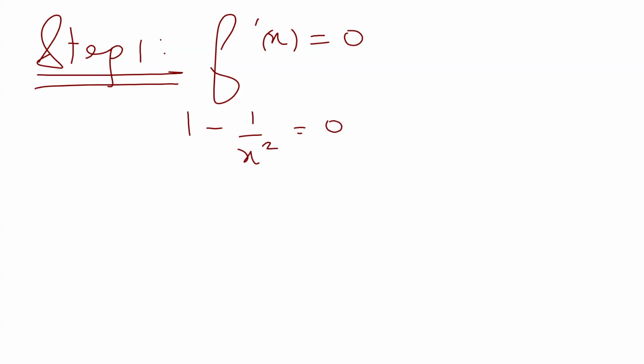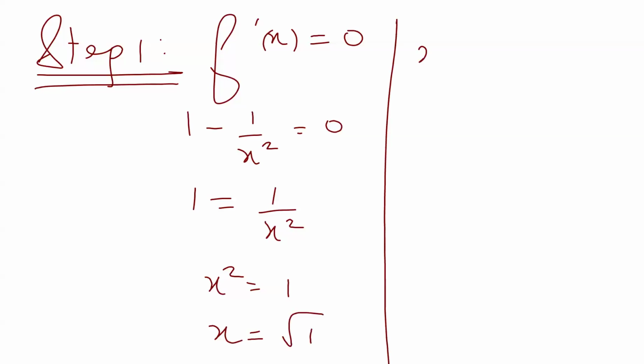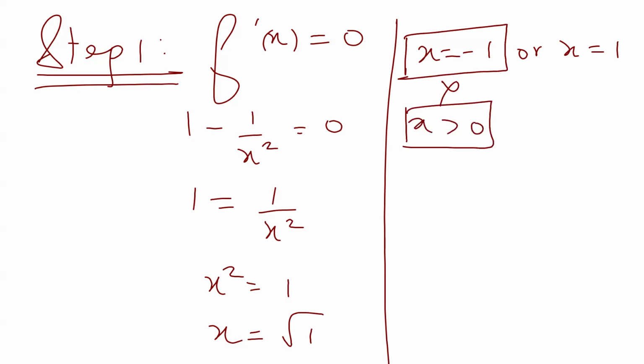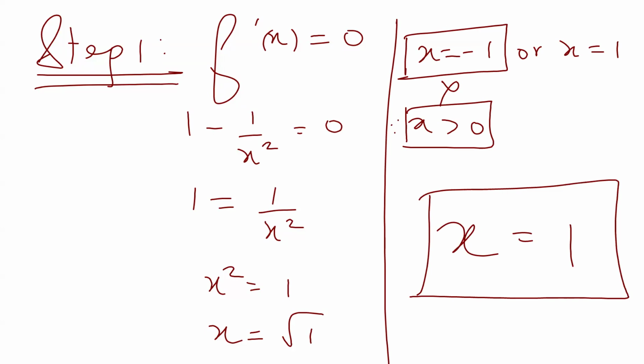So 1 upon x square equal to 1, x is equal to root of 1. Root of 1 can be negative or positive. We'll discard the negative value because x is greater than 0. So x equal to 1. We got the value of x as 1.